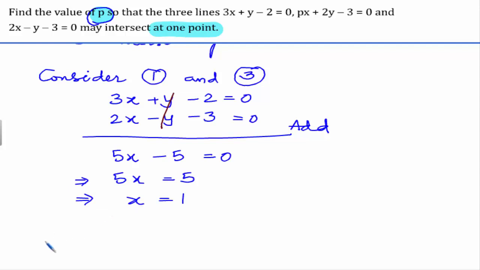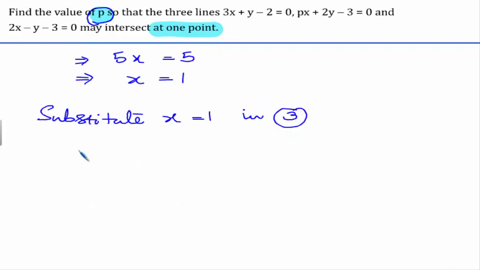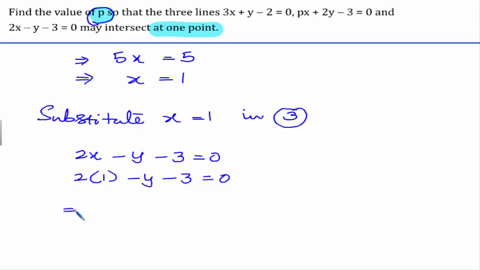Now let us substitute x is equal to 1 into any one of the two equations, either first or third. In the third equation, 2x minus y minus 3 is equal to 0. So this will be 2 into 1 minus y minus 3 is equal to 0. So this will give us 2 minus y minus 3 is 0.